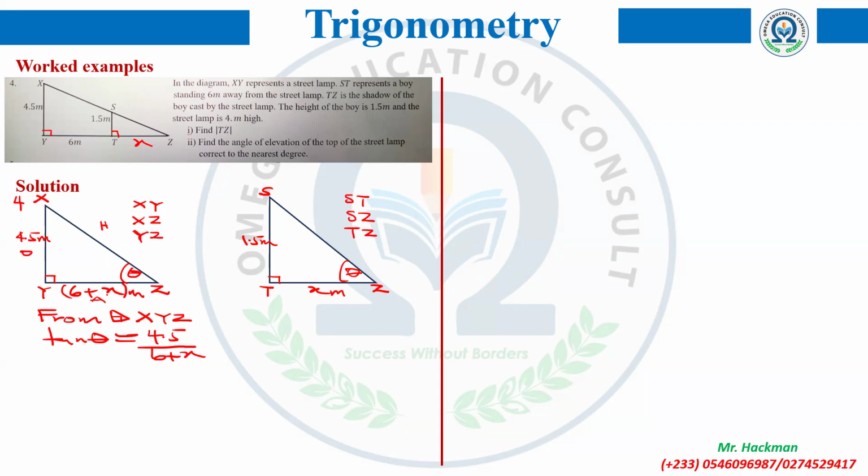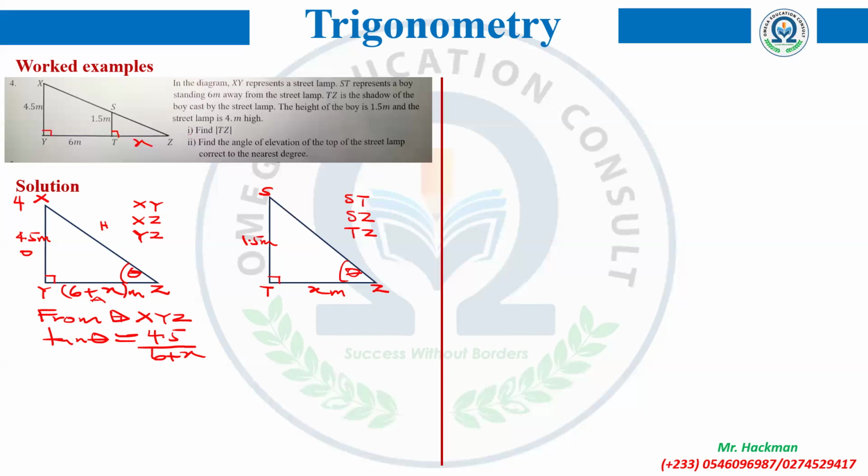Prof. Angie, your hand is up. Any issues? How may I help you? You asked whether it was perpendicular to the line YZ, or whether you assumed it because it was a street light.